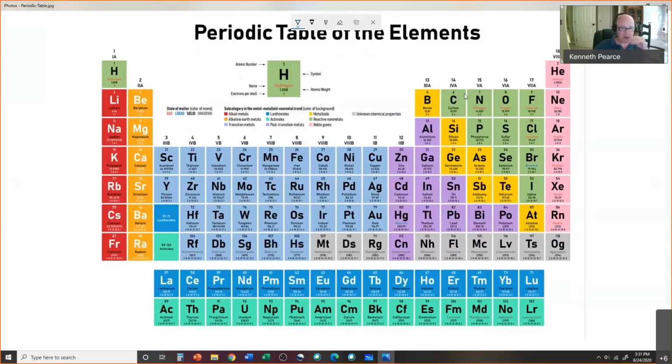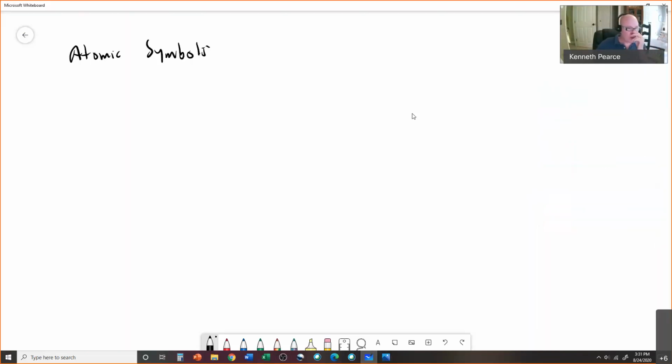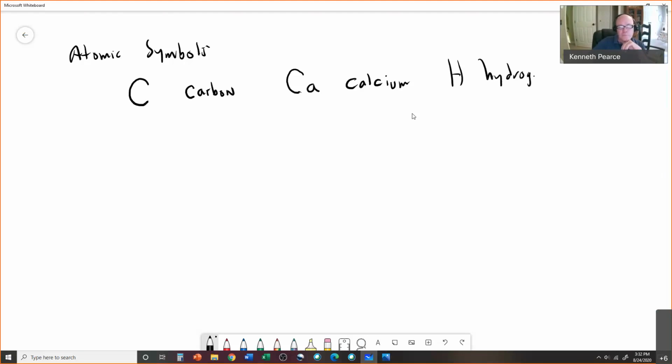Generally speaking, you're going to have either one letter or two letters, and the way we're going to do it is we're going to capitalize the symbol. So C is the symbol for carbon. And Ca, capital C, lowercase a, that's calcium. And of course, H is for hydrogen. Sometimes it makes sense, C for carbon, Ca for calcium, H for hydrogen.